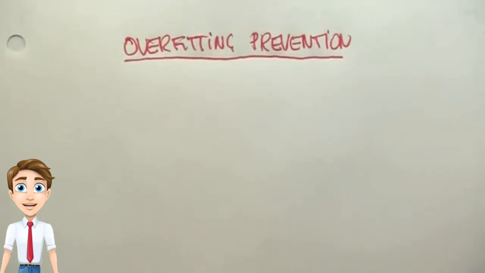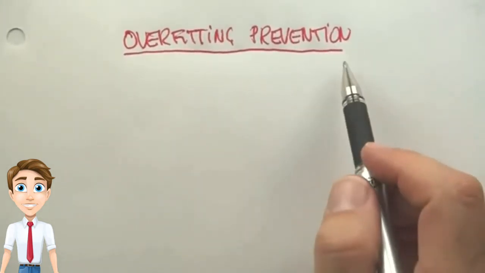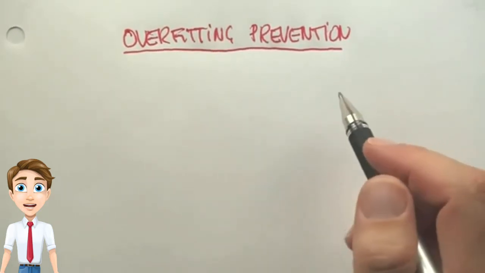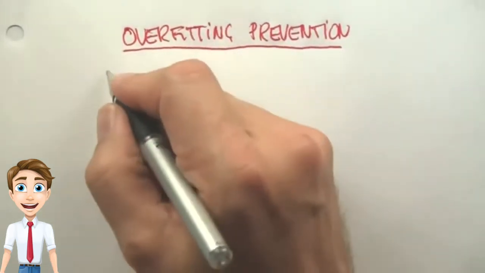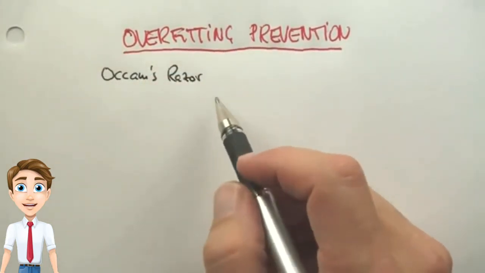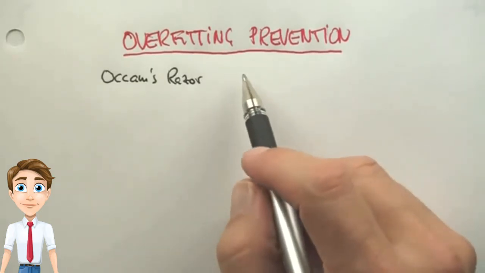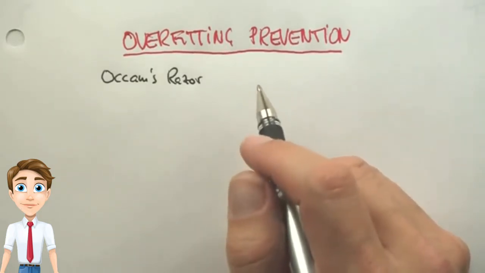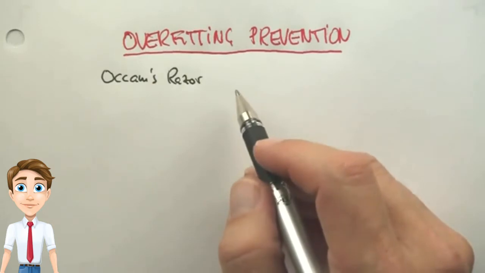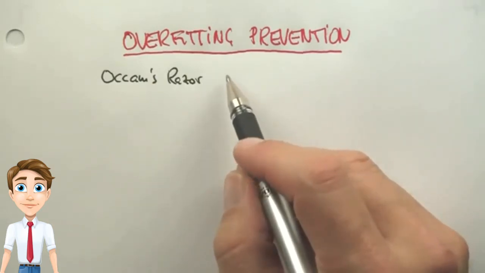So let me step back a step and talk a bit about overfitting prevention in machine learning, because it's such an important topic. We talked about Occam's razor, which in a generalized way suggests there is a trade-off between how well we can fit the data and how smooth our learning algorithm is.